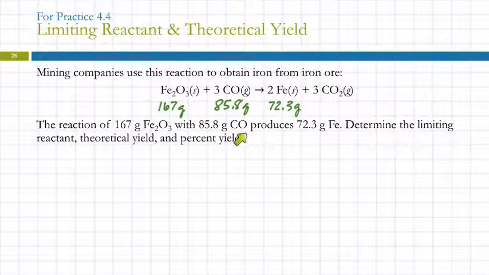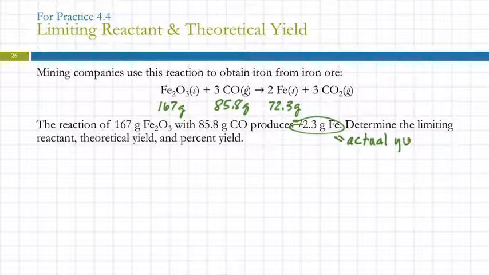So this is saying this reaction produces this much. This is the actual yield. So this is my actual yield. So I don't really necessarily want that here because I need to find out what the theoretical yield of iron is.